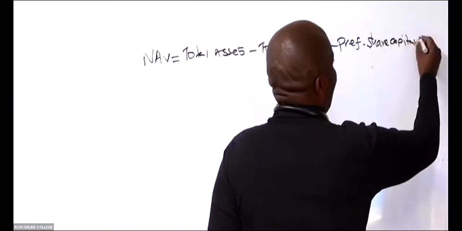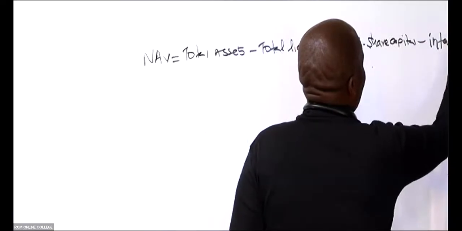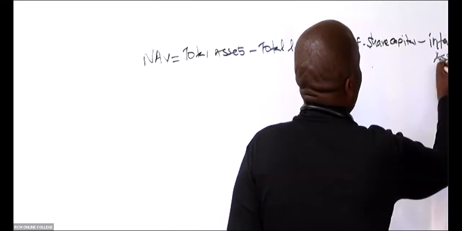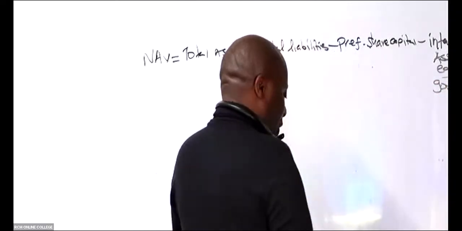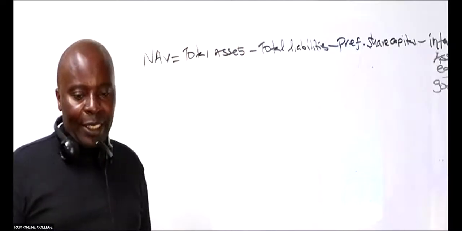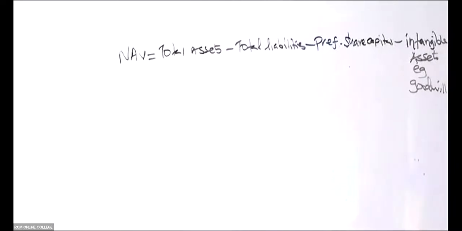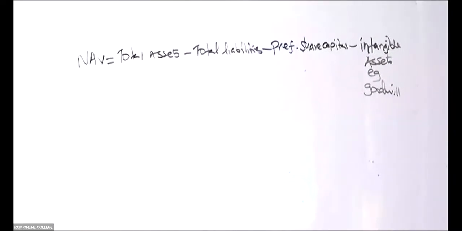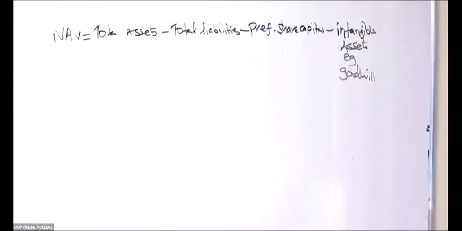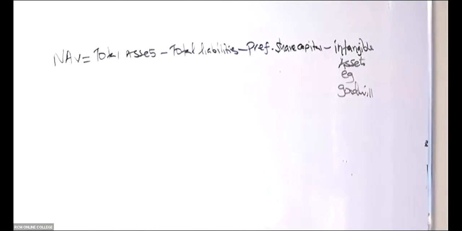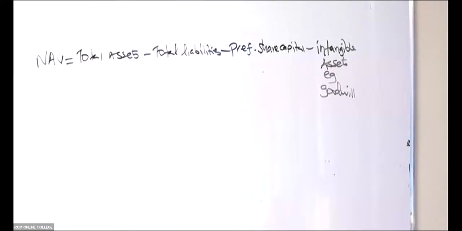So minus any intangible asset, e.g. goodwill, trademarks, etc. By the time you're selling, trust you me, that asset of yours has got no goodwill. Even if it has, in terms of getting net asset value, we shall always be subtracting.